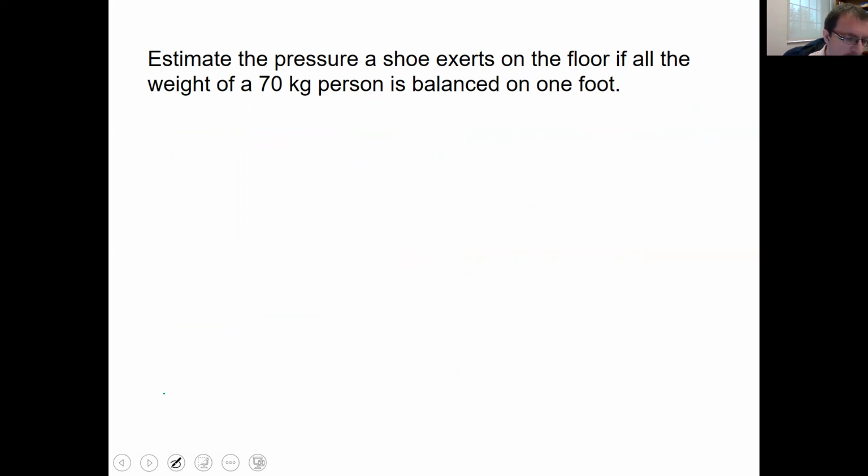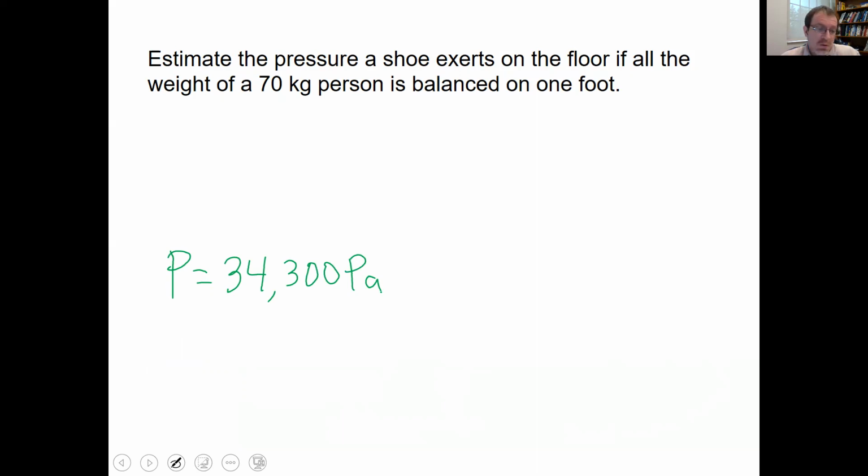It figures. If I could back up now, I would love to, but I stuck myself. But the pressure is 34,300 pascals. So if you have to rewind the video a little bit, sorry about that. So 34,300 pascals is the pressure that my foot is exerting on the floor.